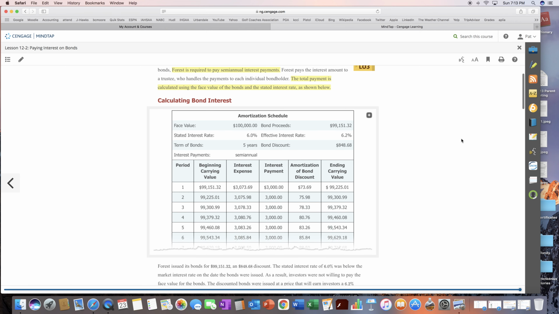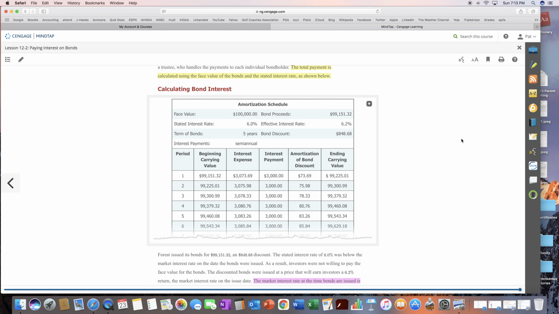Okay, so that's not necessarily important, but this amortization table will allow you to figure out what the total payment's going to be. We have the carrying value, what the bond's going to end up being, and our interest payment that we will calculate using these certain interest rates.